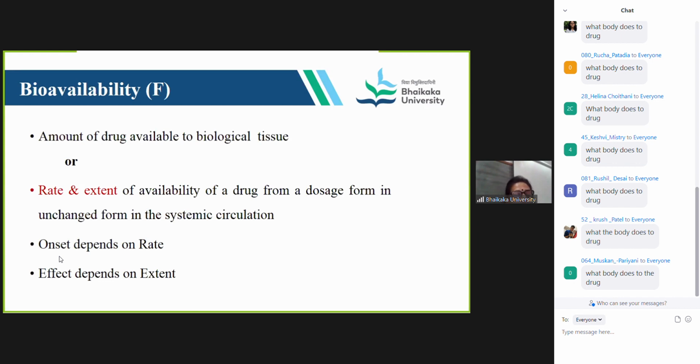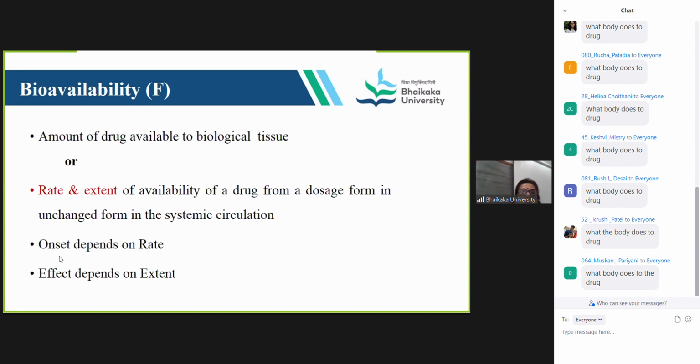Both are important predictors, that is, the rate and extent of availability of a drug from a dosage form in an unchanged form in the systemic circulation. So for whatever drug is available in systemic circulation, one has to see the rate and extent.